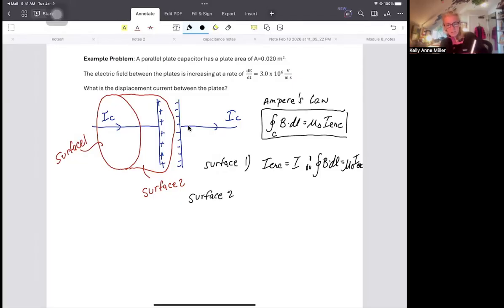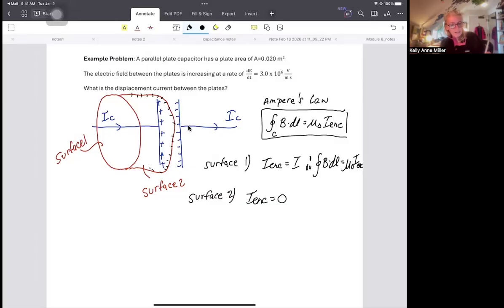Surface two, using again the regular Ampere's law, would say that I enclosed is actually zero, because, forget about displacement current for a second, there's no current enclosed in this surface.